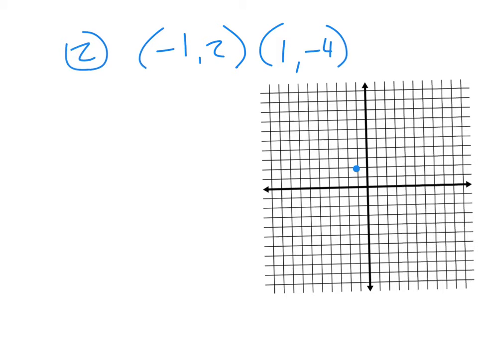And then on the second one, I go left or right first? On 1, -4, left or right first? I go to the right one, and then which way, up or down? Down. Down, how many? 4. Good.